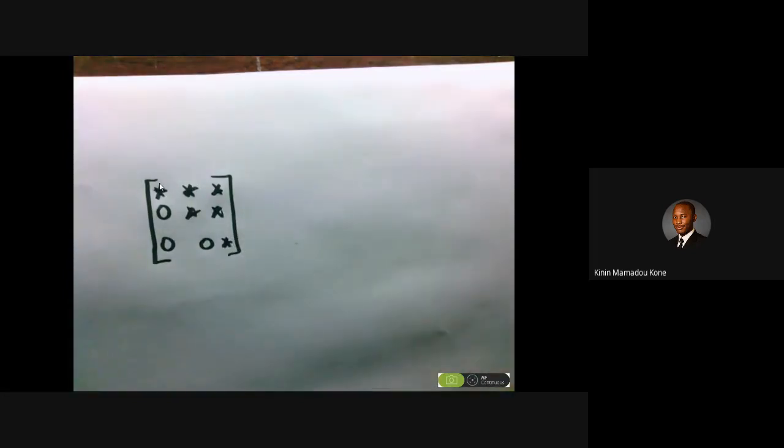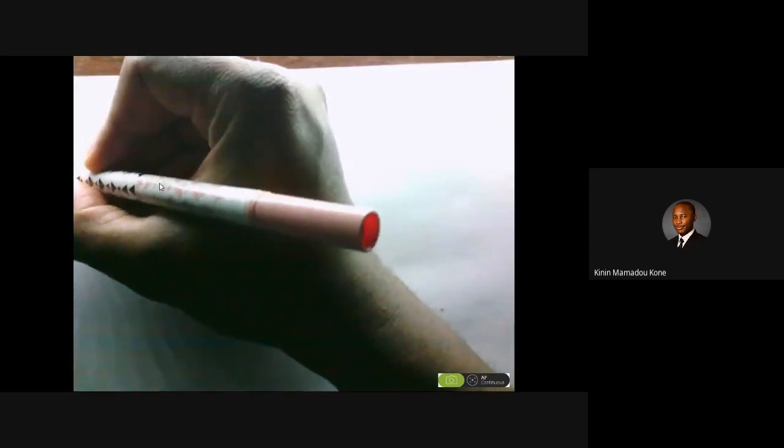In that particular case, this is your i entry, your row, and this is your j entry, your column. You notice that this looks kind of like a triangle.